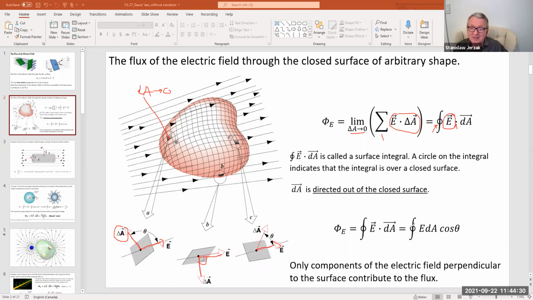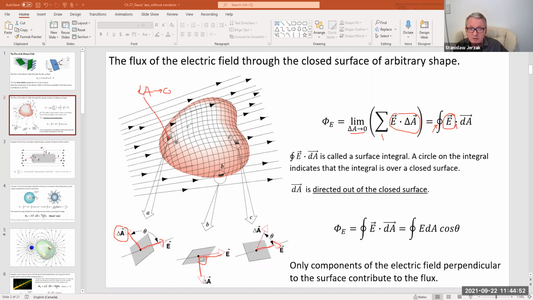That's pretty complicated to do, but as you will see in a minute, in most cases the surface we are going to use will be either spherical or cylindrical, and then the calculations are much, much easier. But in general, that could be complicated.